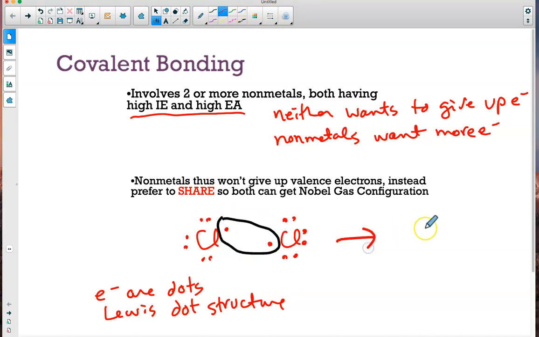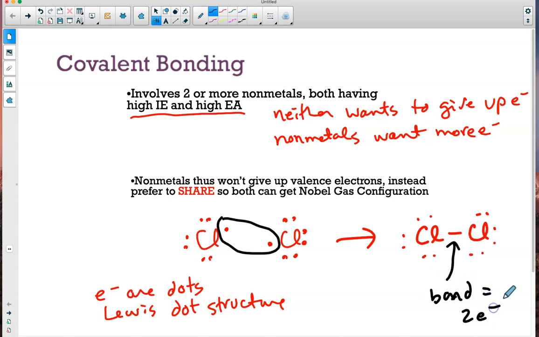And so what that would look like is we would now draw the shared electrons as a dash to signify a bond, and we leave the unshared electrons around the element symbols as dots. So again, this dash is a bond, which equals 2 electrons.